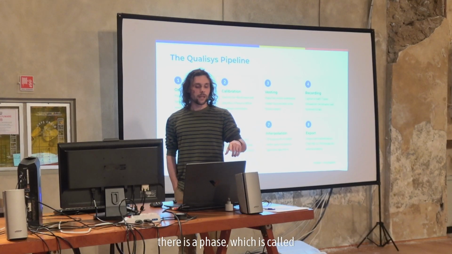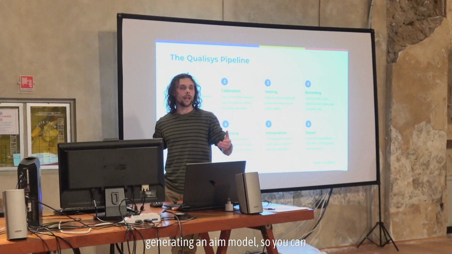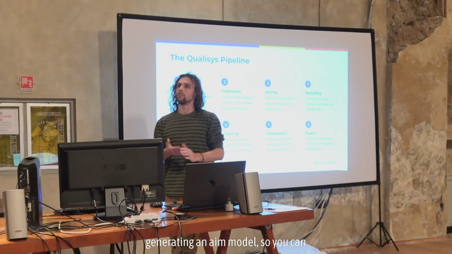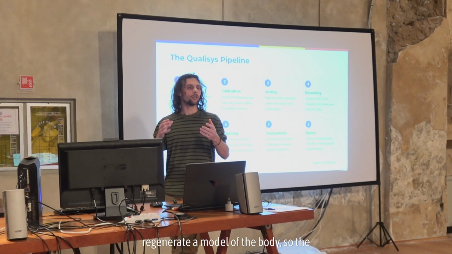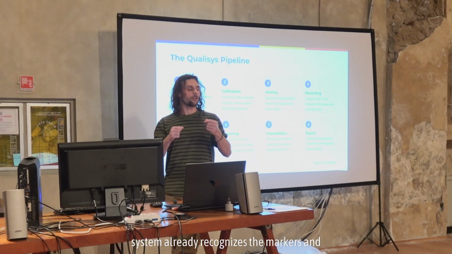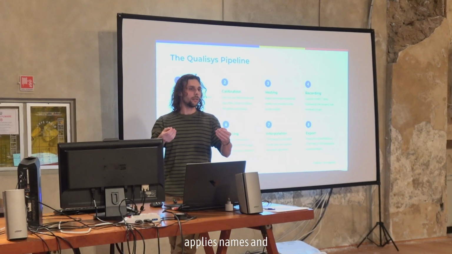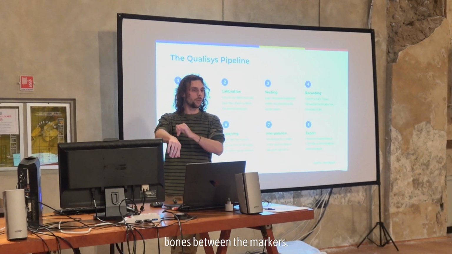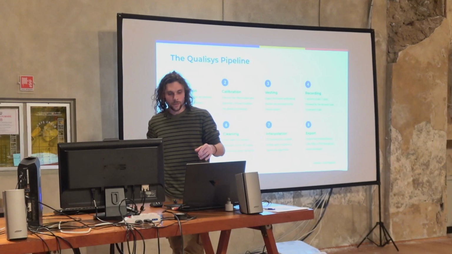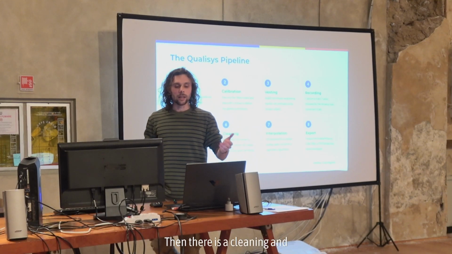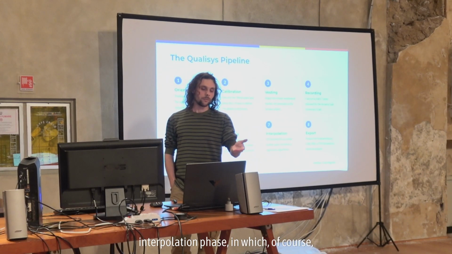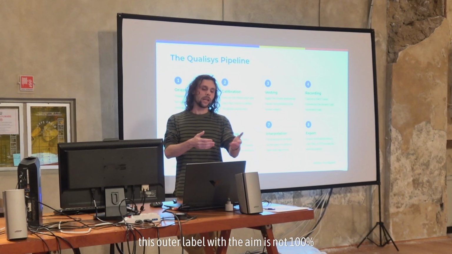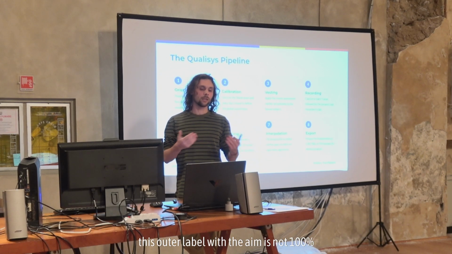Then there is a phase which is called generating an AIM model. So you can generate a model of the body. The system already recognizes the markers and applies names and bones between the markers. Then there is a cleaning and interpolation phase in which, of course, this auto-labeling with the AIM is not 100% accurate.